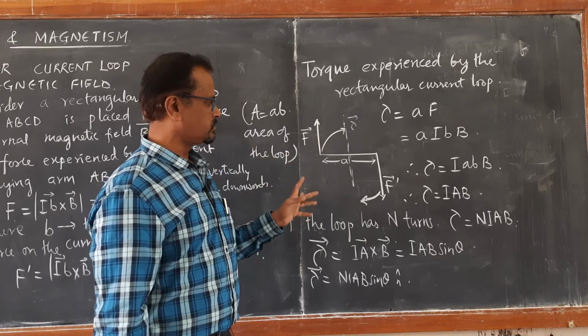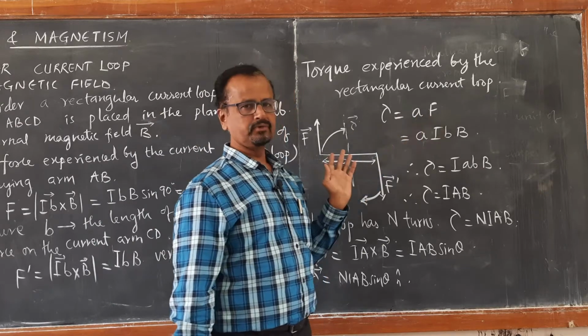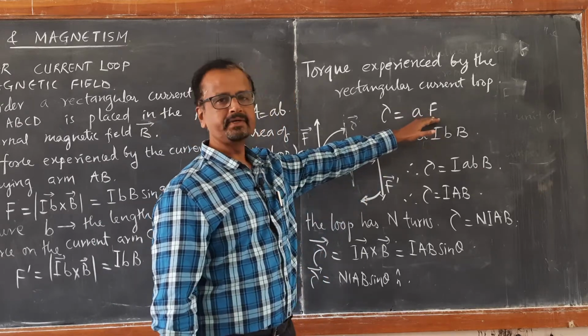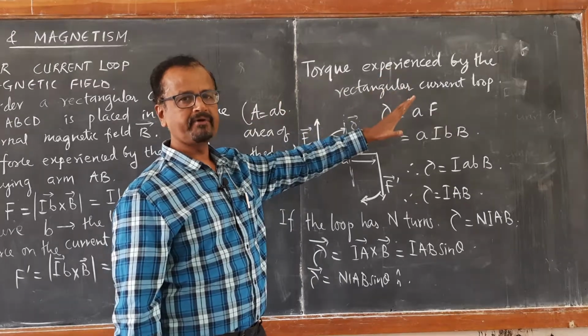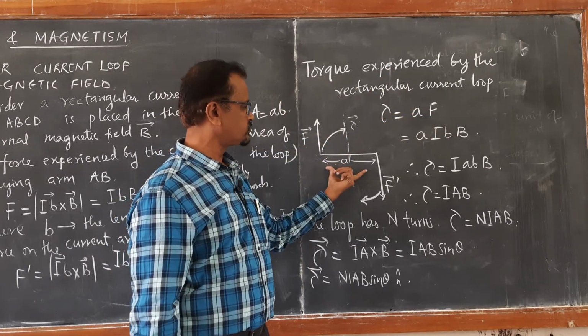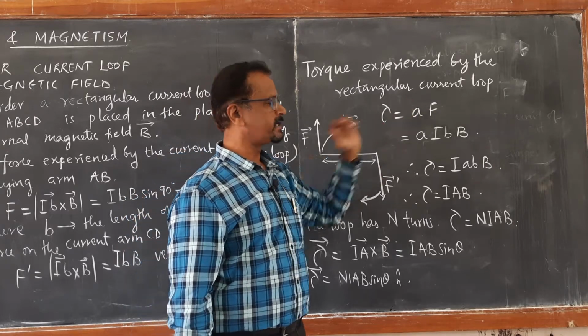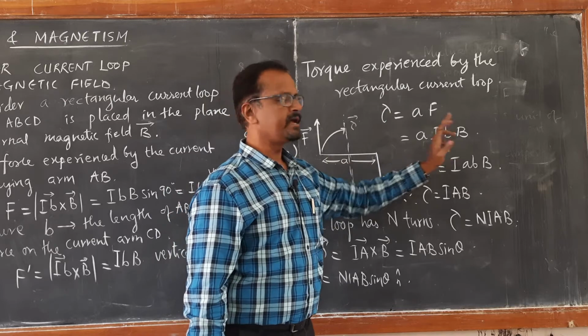Now, torque is equal to the perpendicular distance between the two forces multiplied by the magnitude of force. This is how we define torque. a into F. The perpendicular distance between the two forces is a, and the magnitude of either of these forces, take it as F, is IBb.